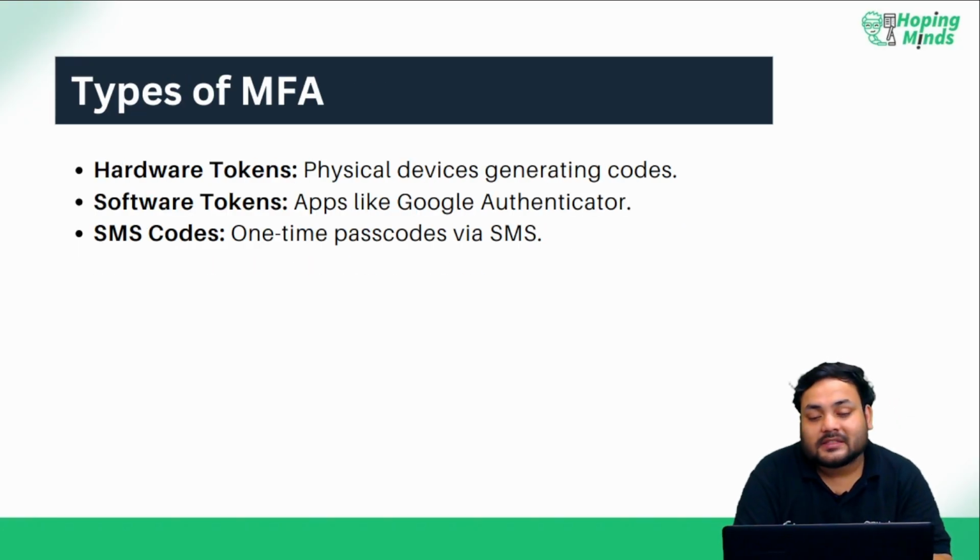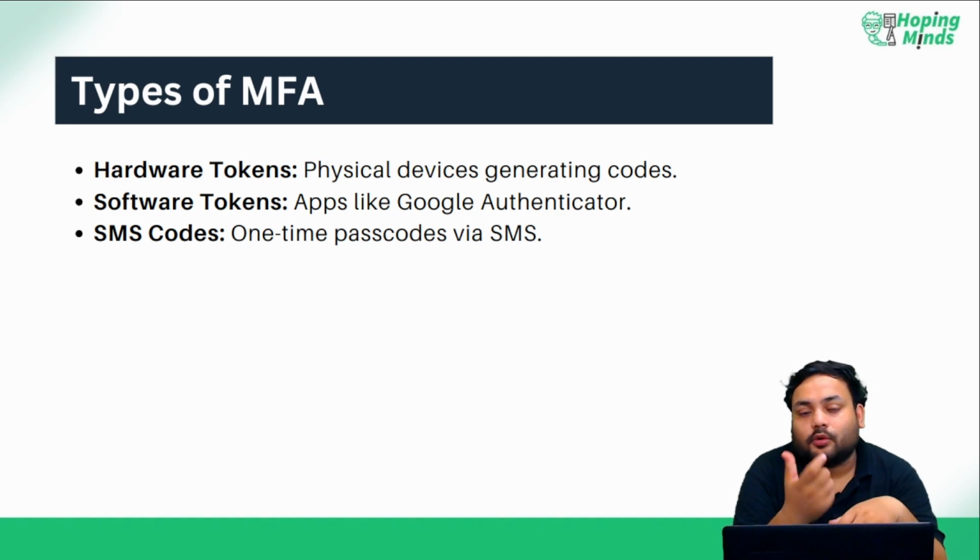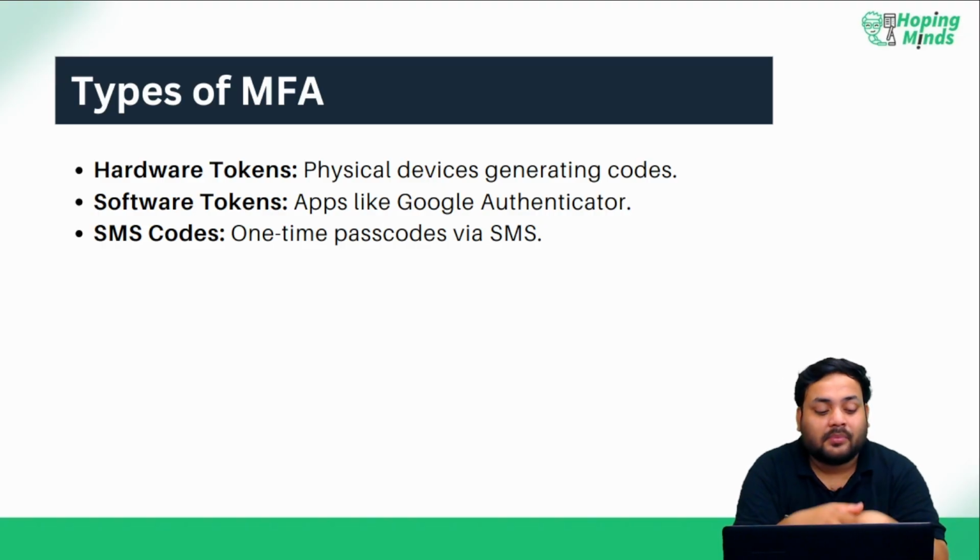Now the next thing is the types of multi-factor authentication. We have hardware tokens, software tokens, and SMS codes. Generally we use SMS codes in different services. For hardware, we have hardware devices connected to our system, so whenever we want to log into the system, we get a password on that device. Generally hardware tokens are not easily available, but software tokens are very much available.